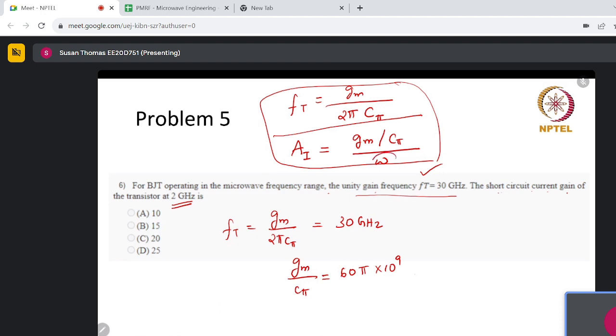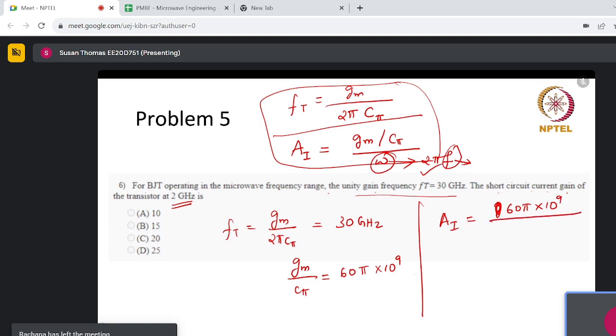So omega you have to replace with 2 pi f, where f is the operating frequency 2 gigahertz. So Ai is gm by C pi, 60 pi into 10 power 9, divided by 2 pi f, where f is 2 into 10 power 9.